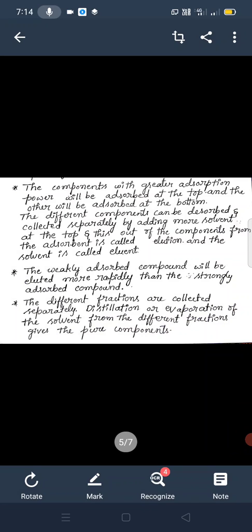The weakly adsorbed compound will be eluted more rapidly than the strongly adsorbed compound. The different fractions are collected separately. Distillation or evaporation of the solvent from the different fractions gives the pure components.